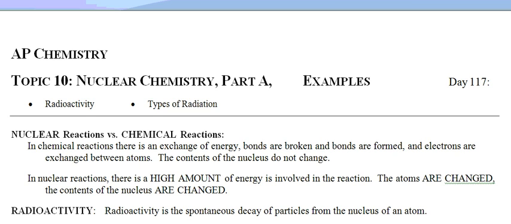Also, a high amount of energy is released in a nuclear reaction, and we've all seen pictures of nuclear bombs going off. So there's a great deal of energy exchanged, as opposed to a chemical reaction.